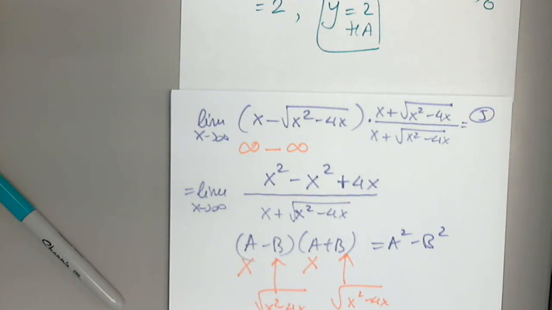We have to use the difference of squares. If this is a minus b, I must use a plus b. If I have a plus b, I must use a minus b. Because when I multiply these two, I want to get rid of the radical. If they both have plus or both have minus, I will never get rid of the radical because of the middle term.